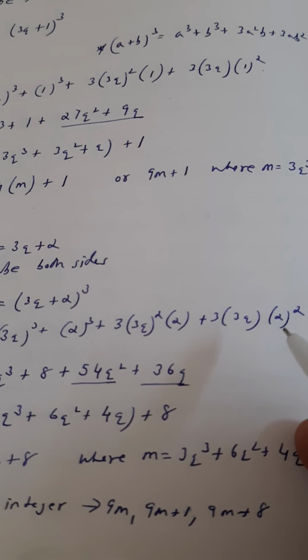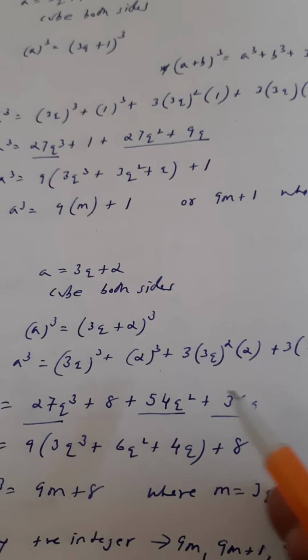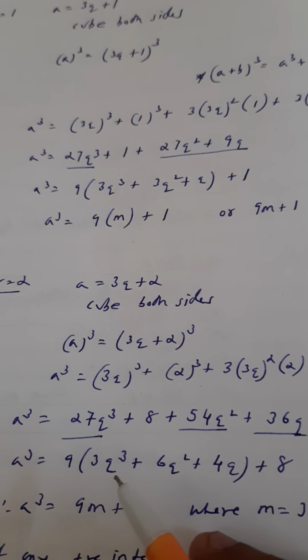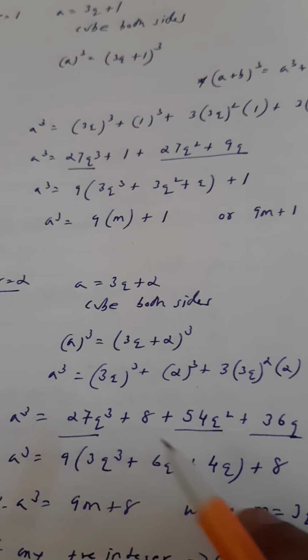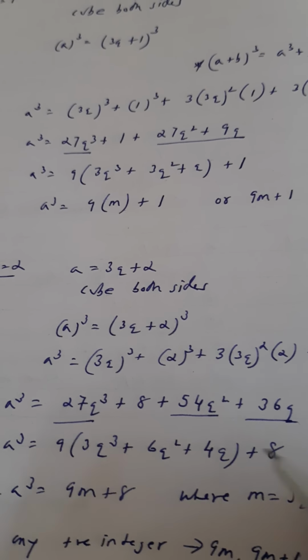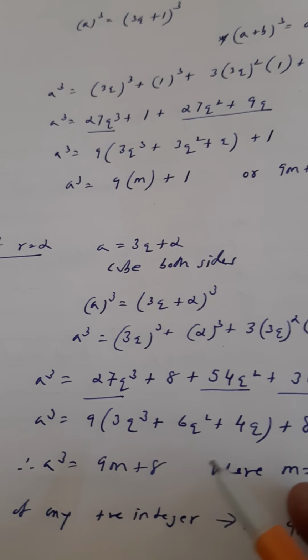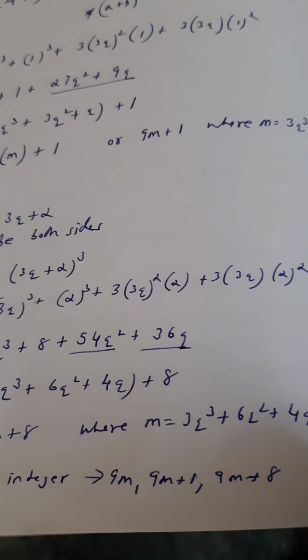Here we get 2 square, 4. 4 into 3 is 12, and 12 into 3 is 36q. Again, I have underlined these three terms, so I can take 9 common. We are left with 3q cube, 6q square and 4q, and the plus 8 is written separately. The bracket is replaced with m and we get our answer 9m plus 8, where m is 3q cube plus 6q square plus 4q.